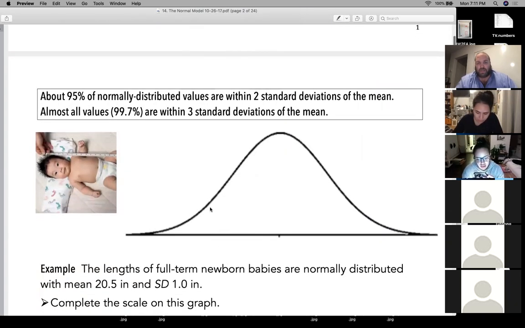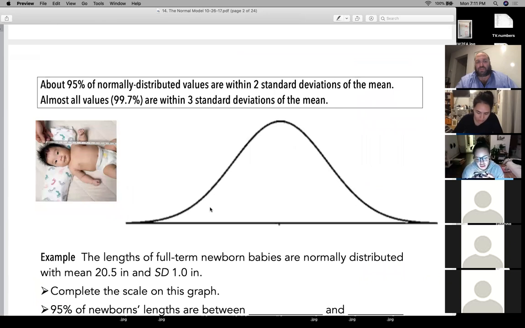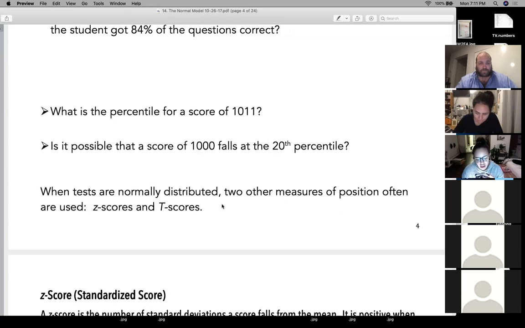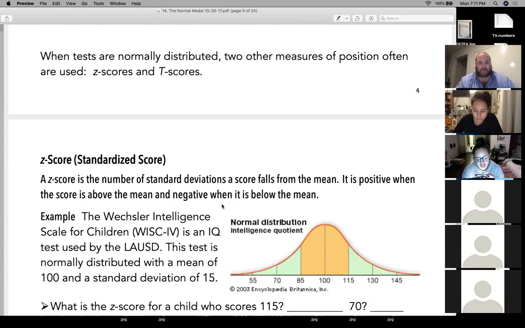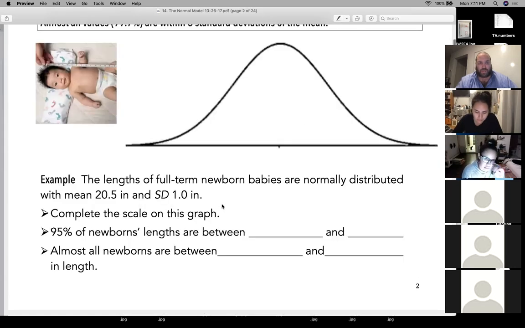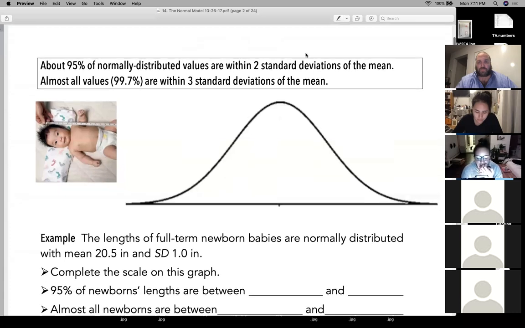When we talk about the normal distribution, you're going to have three numbers that are commonly paraded around, and I'm going to give them to you right now. These three numbers appear so often.